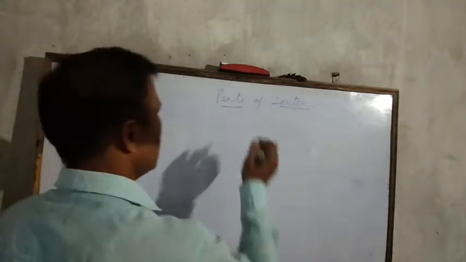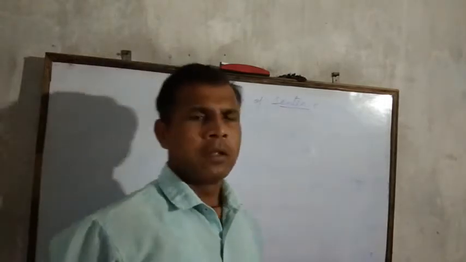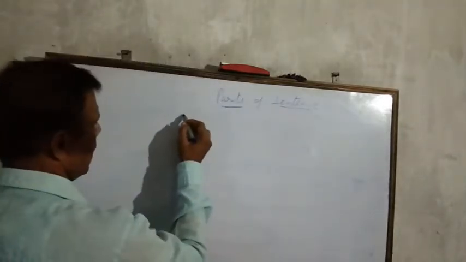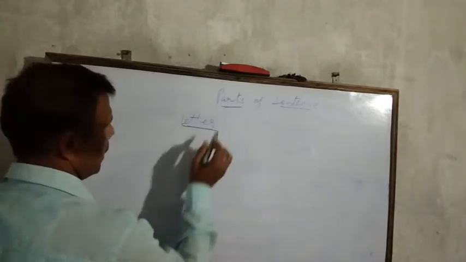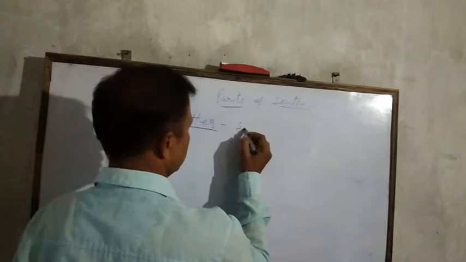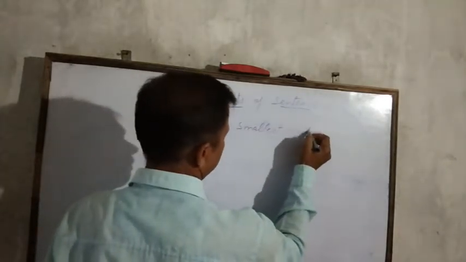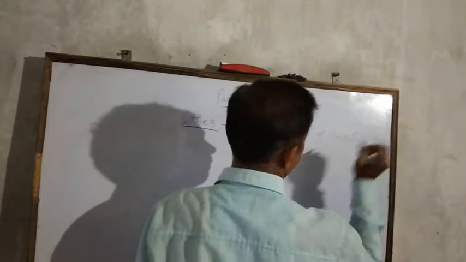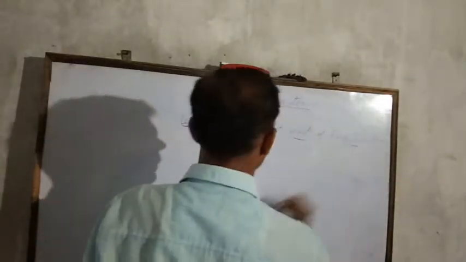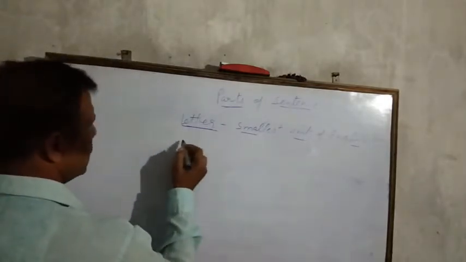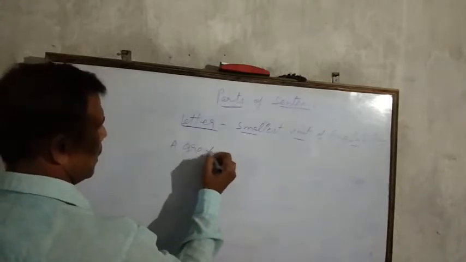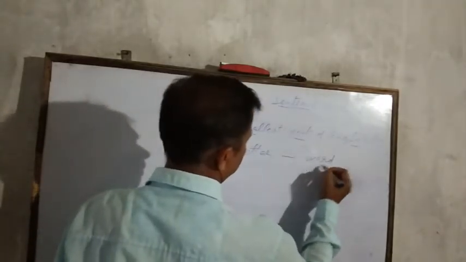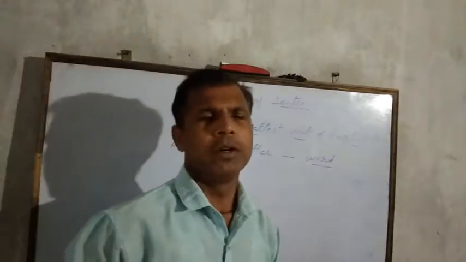First of all, you know that the smallest unit of the English language is a letter. Then a group of letters becomes a word.